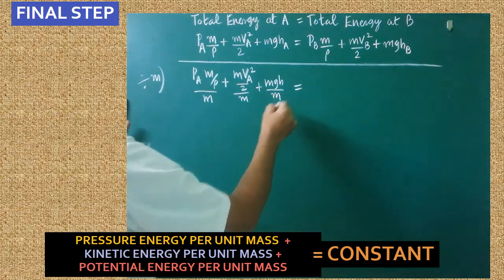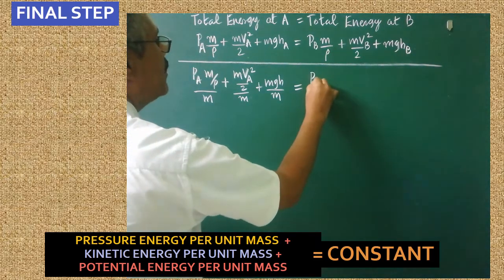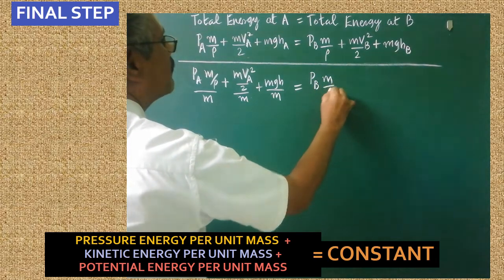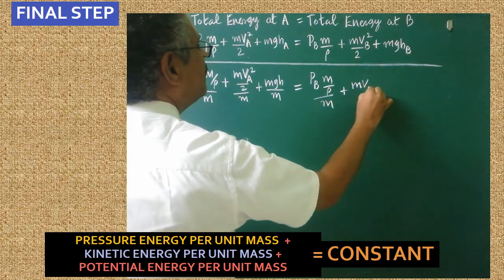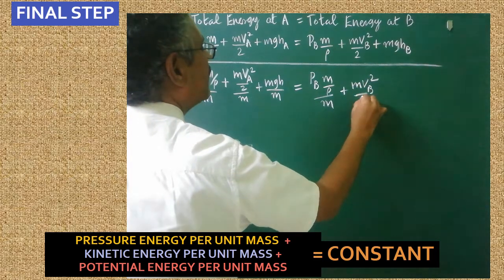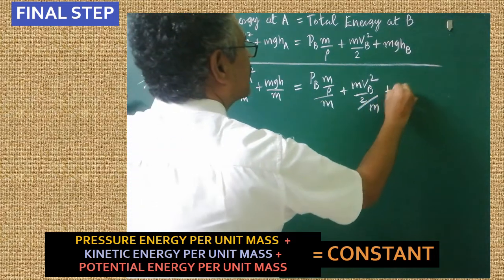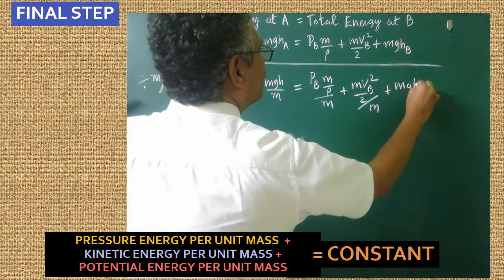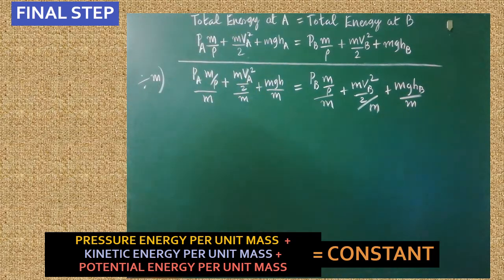Now I am going to derive the same thing for the B end. PB into m divided by rho, whole divided by m, plus m VB square whole divided by 2, whole divided by m, plus m g HB whole divided by m. So all the factors are divided by m.